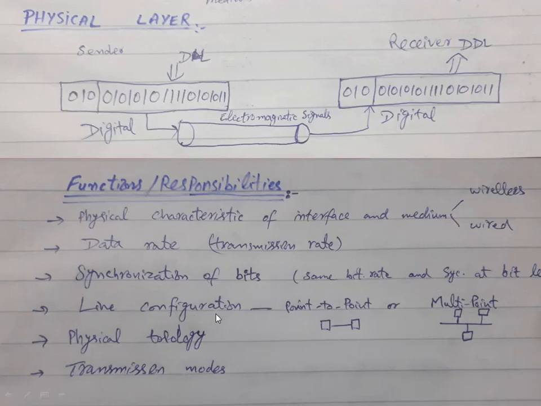The next one is line configuration. It means which kind of connection is used by the system. It can be a point-to-point connection or a multi-point connection. We have already uploaded a video about which type of connections are used by systems during communication.